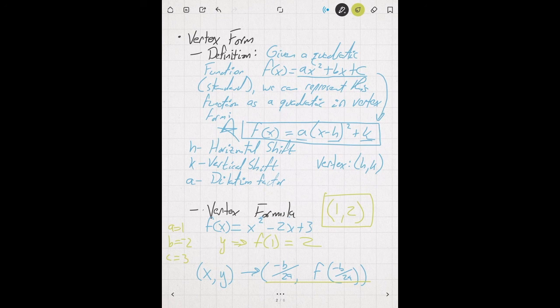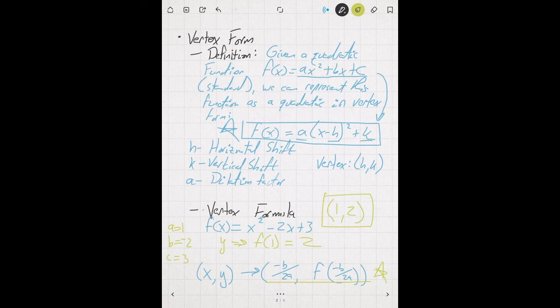Just looking at 1x squared minus 2x plus 3, I can't really tell that the vertex is 1 comma 2. So what this formula does is it helps me identify what that vertex is. Make sure you're comfortable with this idea because it's going to be very central in our work of algebra to figure out what in fact the vertex is.